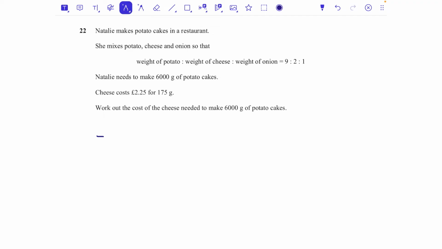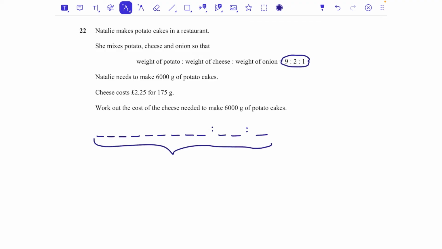So let's draw out our ratio. 1, 2, 3, 4, 5, 6, 7, 8, 9, then 1, 2, then 1. So I'm just using these numbers, and I know that all together I need that to weigh 6,000 grams. So now I'm going to take that 6,000 and divide it equally over those ratio lines.